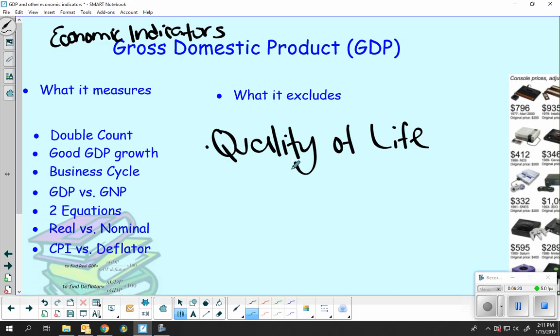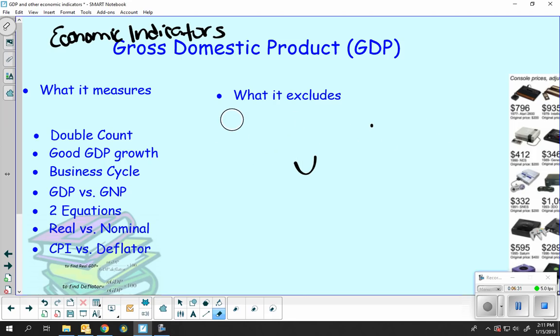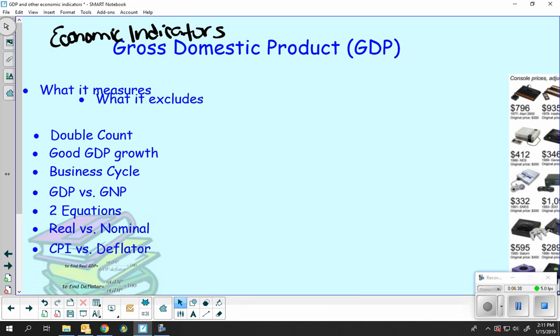Rich does not mean a good quality of life. The United States is the richest country in the world by far, but we do not have the longest life expectancy. Even our literacy rate is passed up by other countries that are poorer than we are.